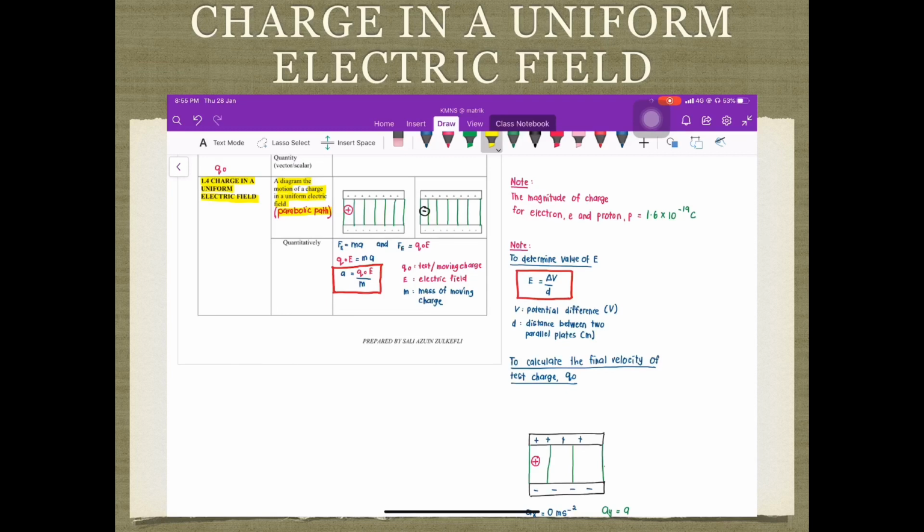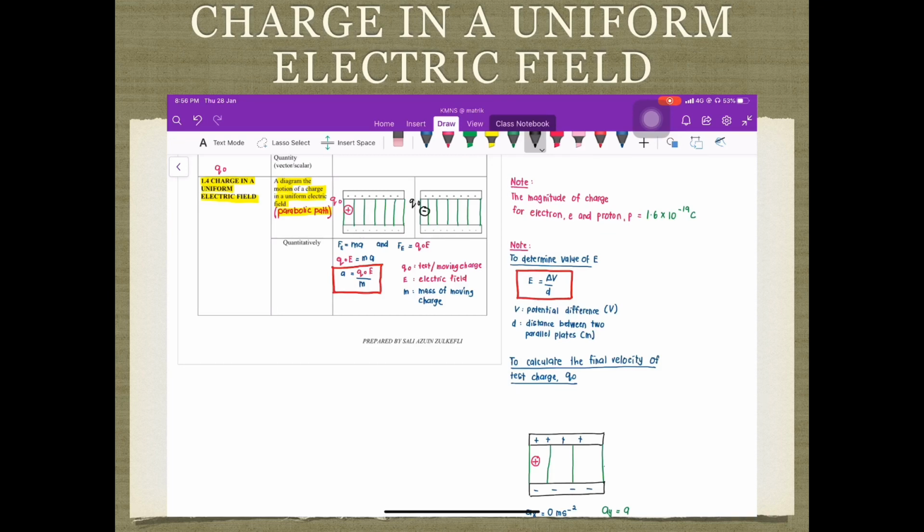Now, let's say we have two types of moving charge. We can write Q0 for the positive one, maybe a proton. Another one is a negative charge, maybe an electron.